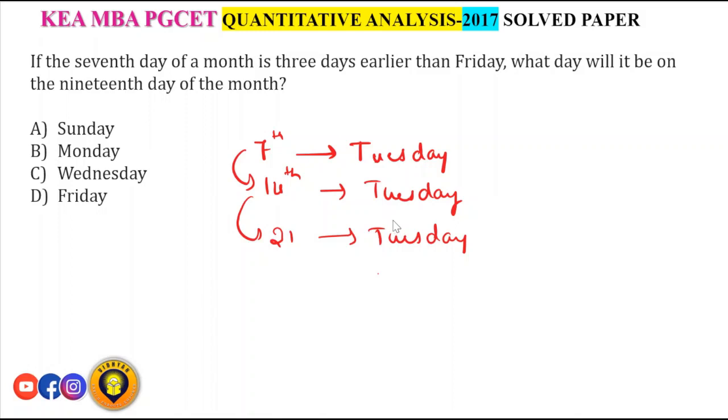But what we want is 19th day, not 21st. So if 21 is Tuesday, 20 is Monday, therefore 19 is Sunday. So answer here is option A, Sunday.